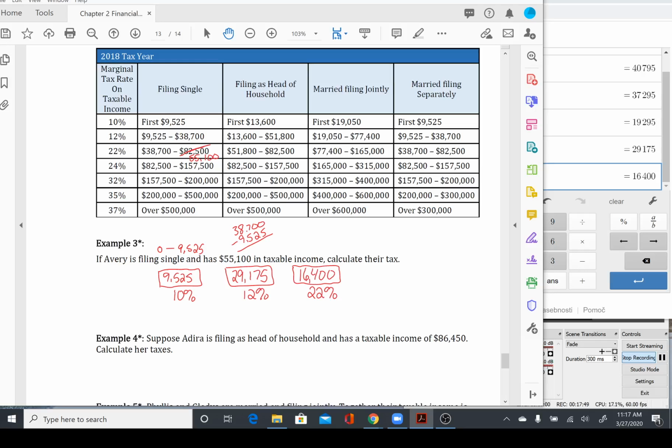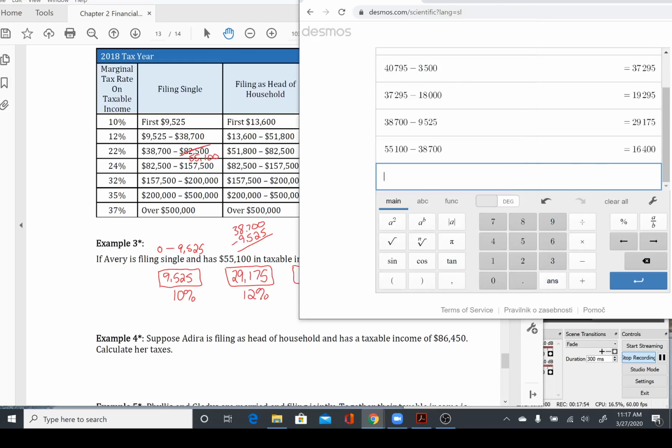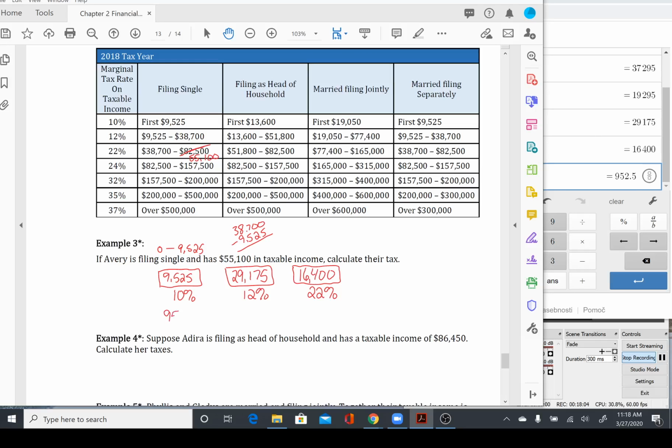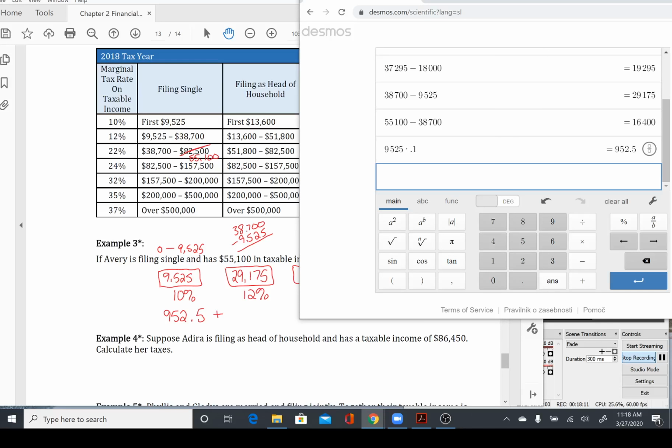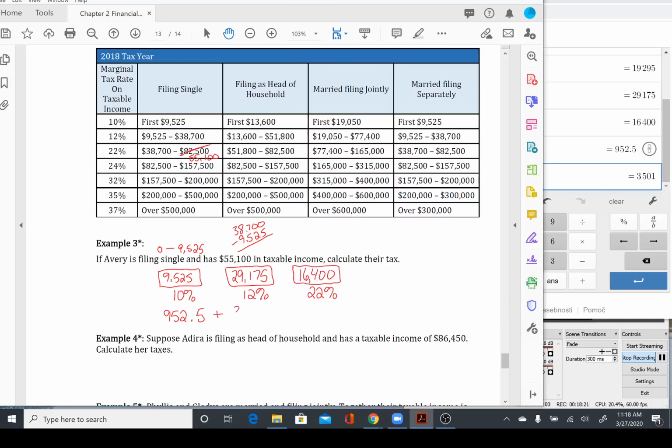10% of the 9,525, again, multiply, and 10% as a decimal. Then we'll do 12% of the 29,175. That's 3,501.